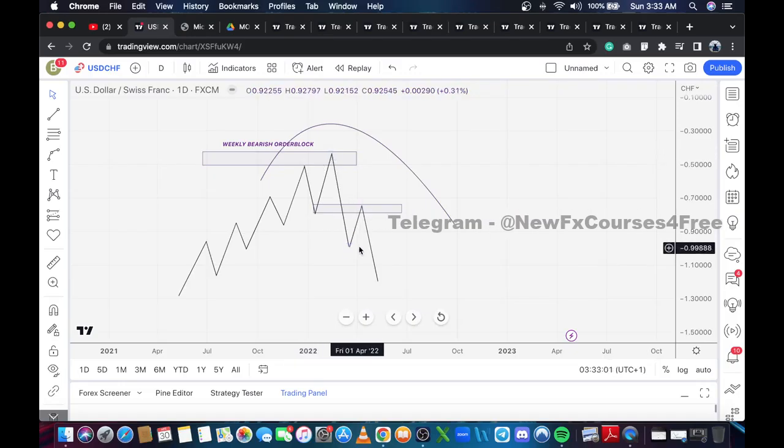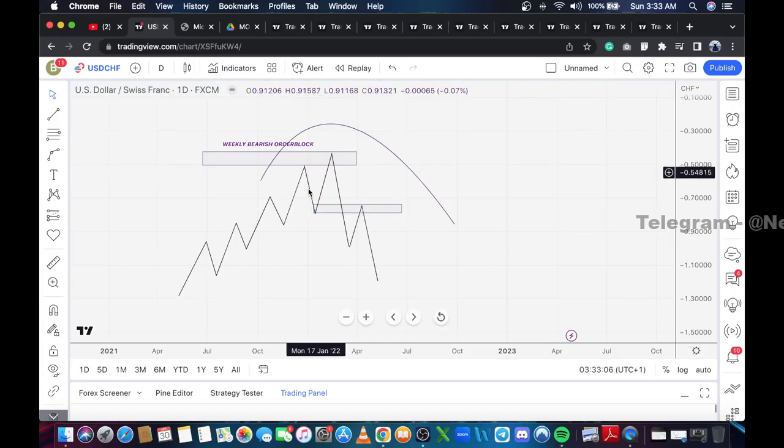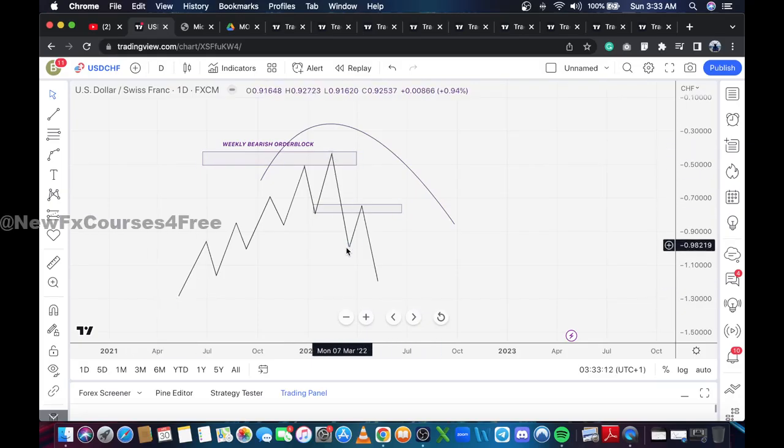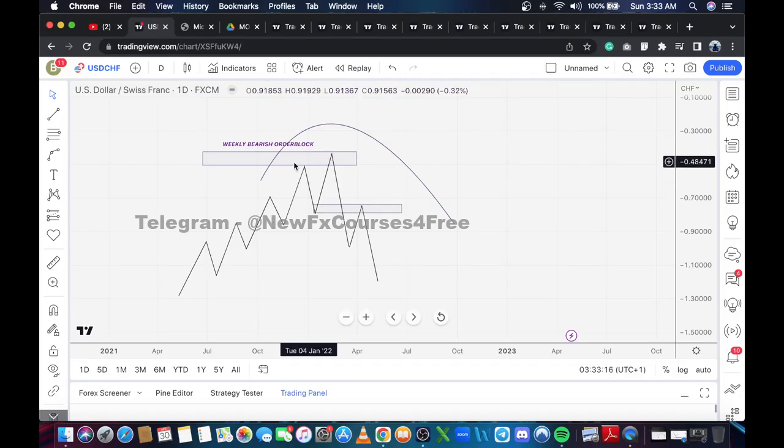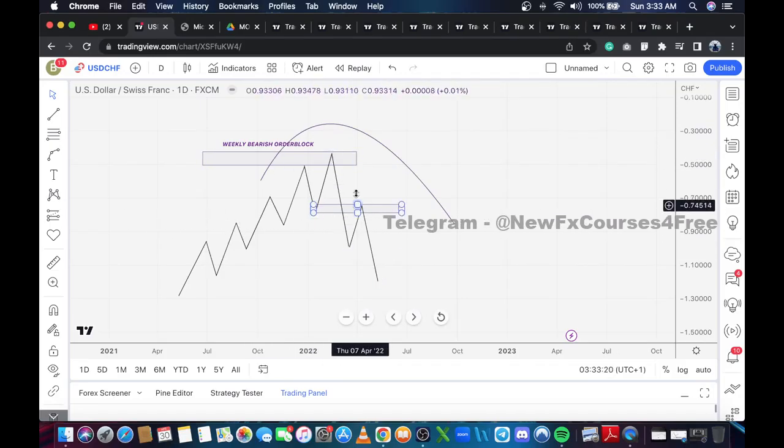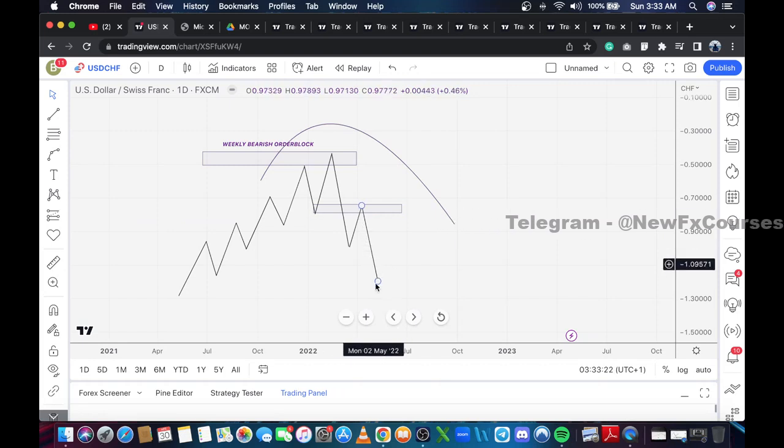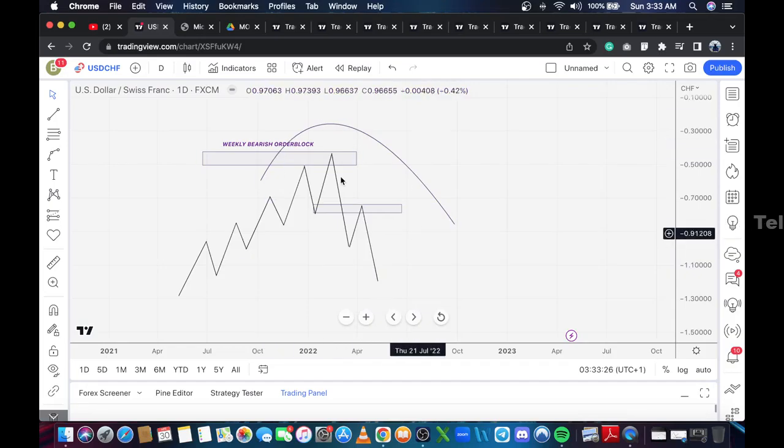This is one of the strongest patterns you can get: after a run above a short-term high with a clear drawn liquidity, which would be this low here, shorting the retest to the last down candle prior to the run higher that takes out a short-term high. That is one of the strongest patterns you can get as it relates to institutional trading, and this is what we'll call the breaker. Let me type it out.